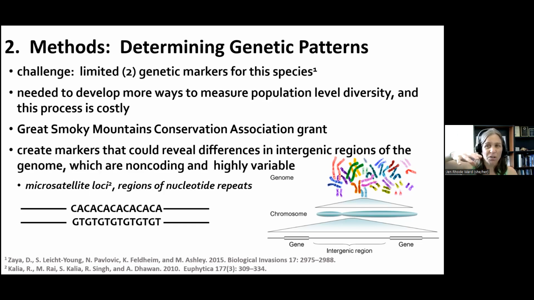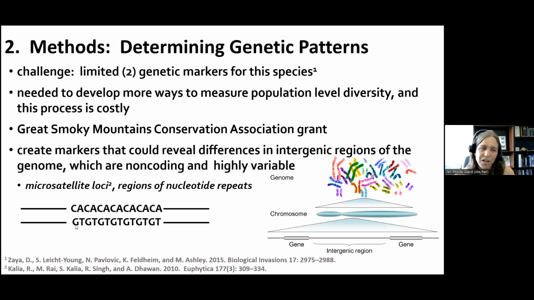So it sort of stutters, right? So it gets stuck. So here we're looking at a region of nucleotide repeats where there are 1, 2, 3, 4, 5, 6, 7 repeats of that CA motif, that CA pattern.